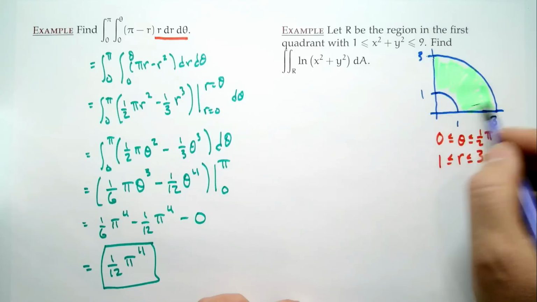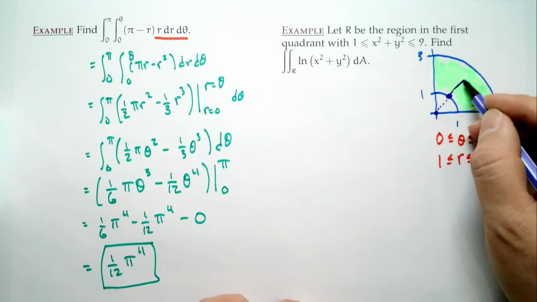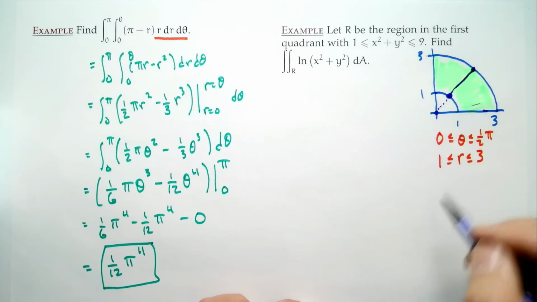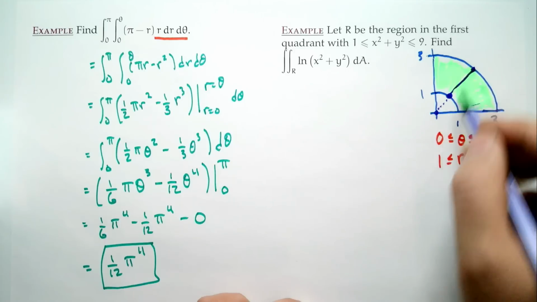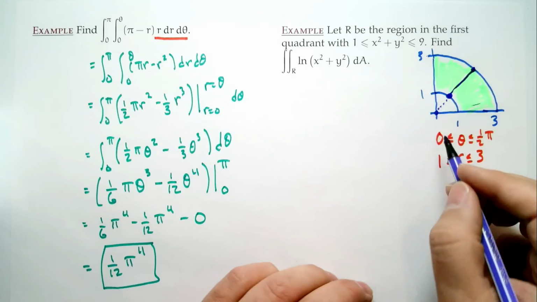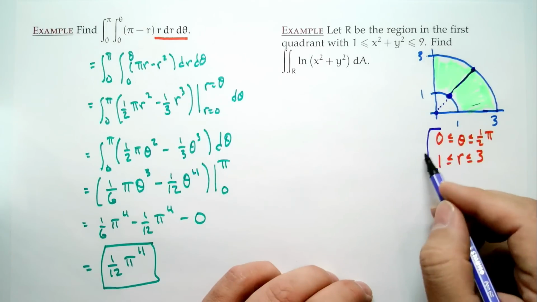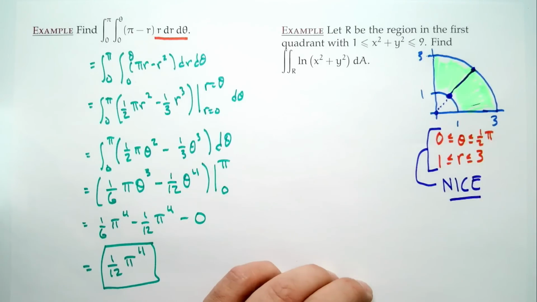So I'm going out, and what's happening is if I head out, I'm going to start at 1, I'm going to go until I hit 3. So I'm going from 1 to 3, and that's true from 0, and it keeps being true all the way until I get to pi over 2. So you'll notice that this part right here, there's a technical term in math called nice, because it's clean, very clean description. And we like things which are nice.